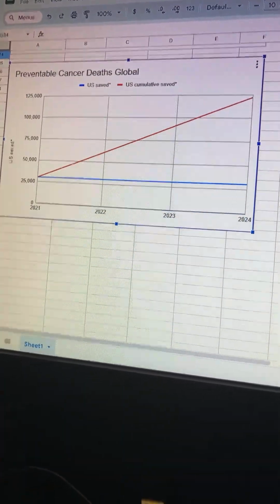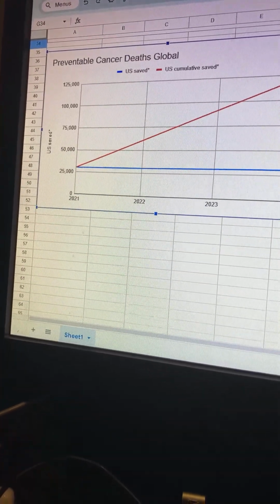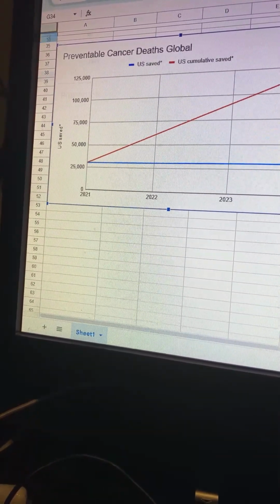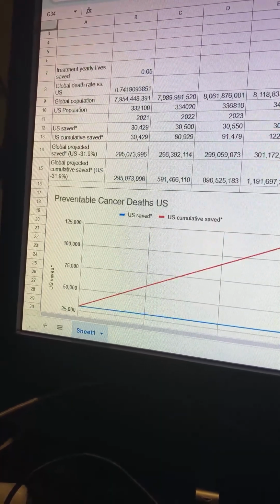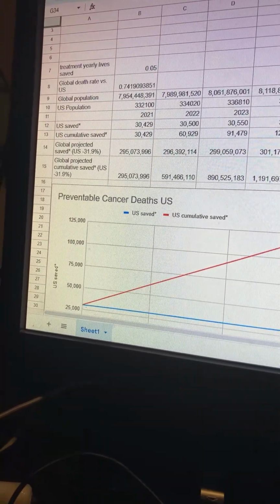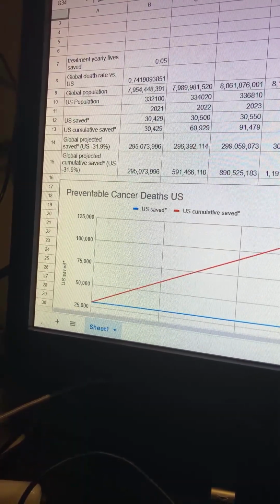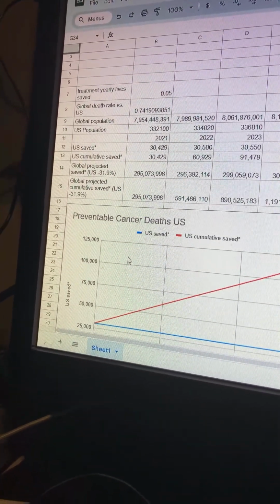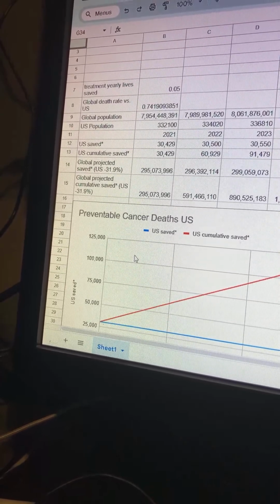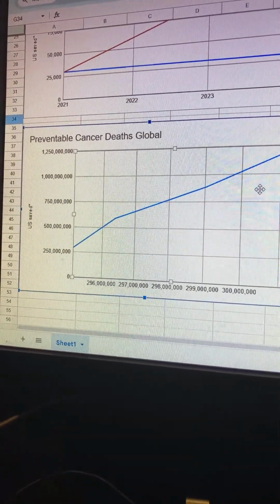Let's see, preventable cancer deaths global. That did not work.